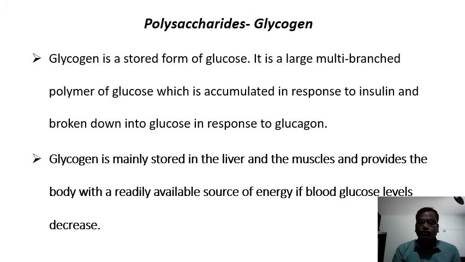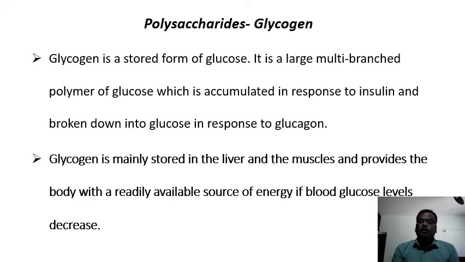So whenever we consume food items of plant origin, we get starch, and that starch is digested. So what are the end products of digestion? Glucose. And this glucose, whenever it is in excess, will be converted into glycogen by some process. And this glycogen is stored mainly in the liver and some other organs.